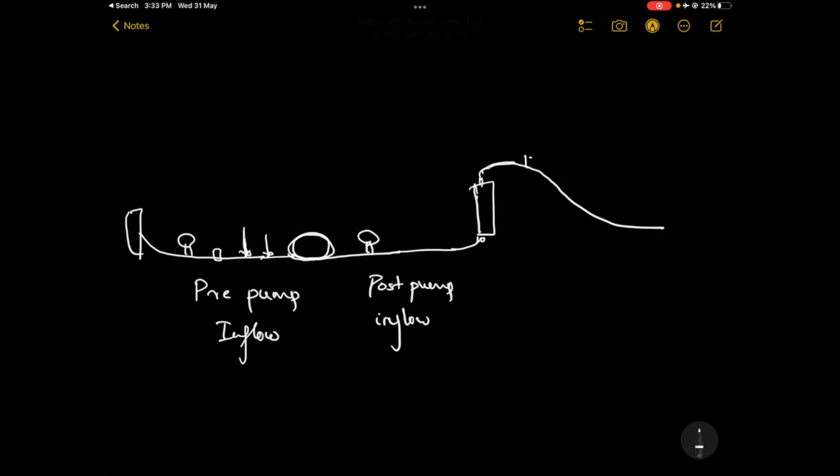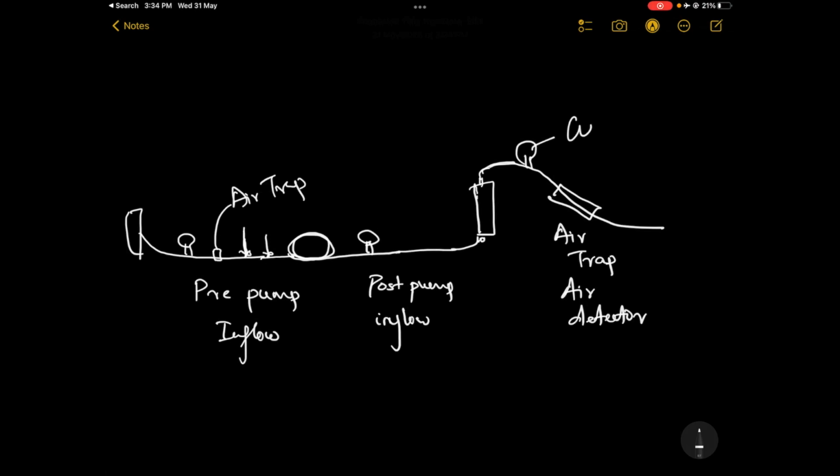Here again we can have a pressure gauge, an air trap, air detector. This was the air trap. So this can detect clots, leak. Okay, then to the patient again.